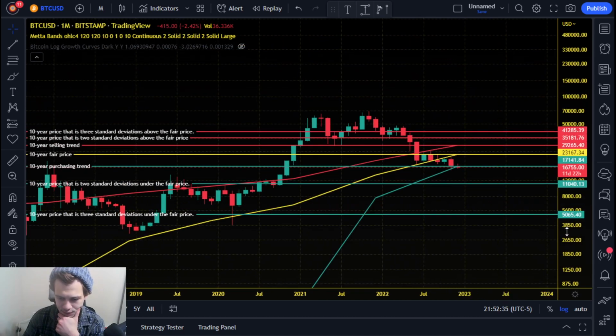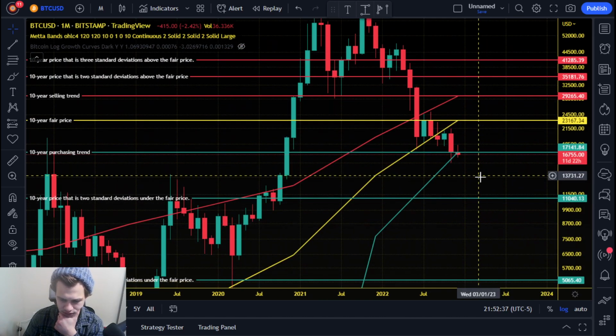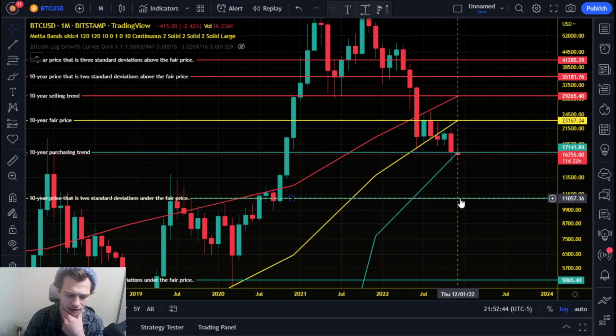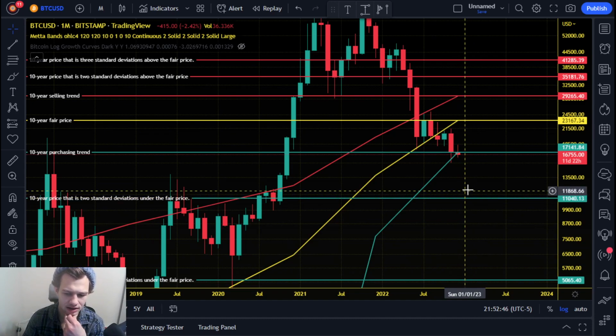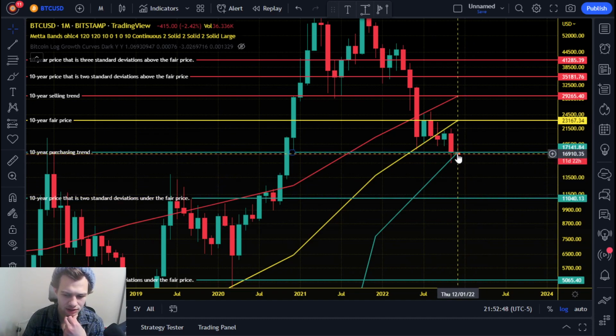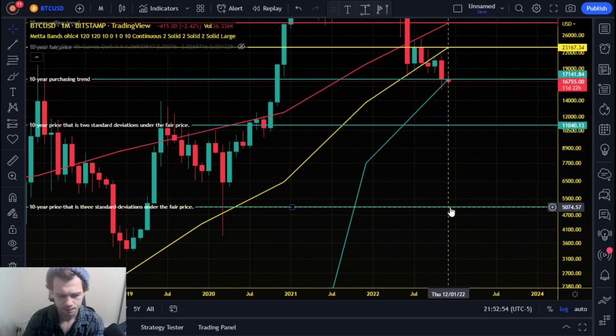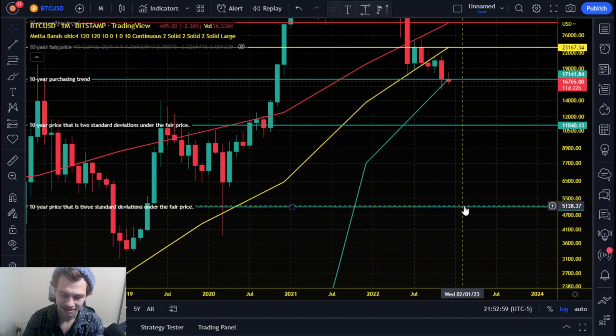So if we do potentially see a reversal, it would likely be around here, the 2 standard deviations, which represents 95% of the data. 1 standard deviation represents 68 point something percent, and 3 standard deviations would be 99.9 something percent.